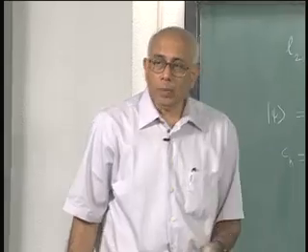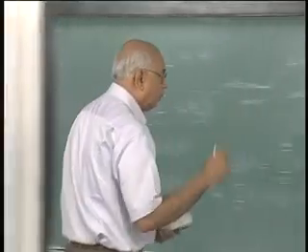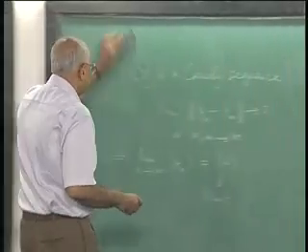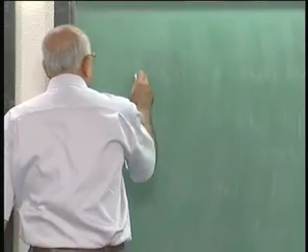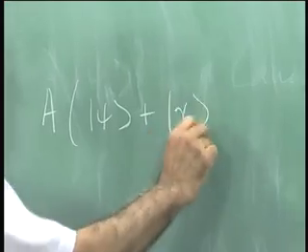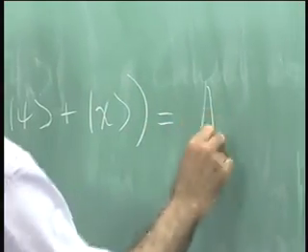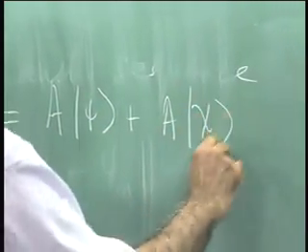Now coming to operators, operators act on vectors in a linear space, and linear operators are those which act in a linear manner. In other words, A is a linear operator if A acting on psi plus chi equal to A acting on psi plus A acting on chi.